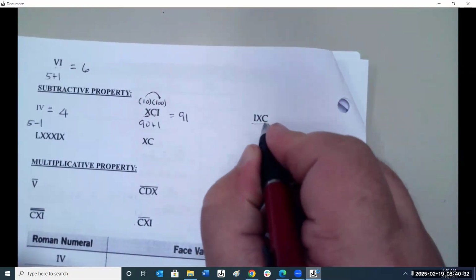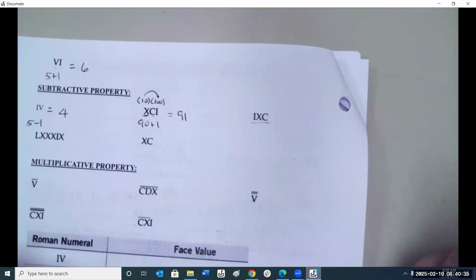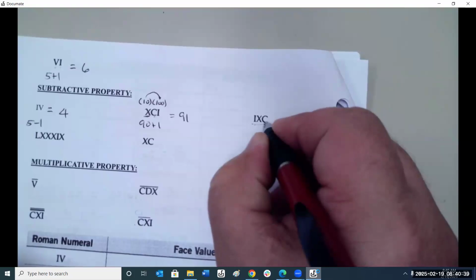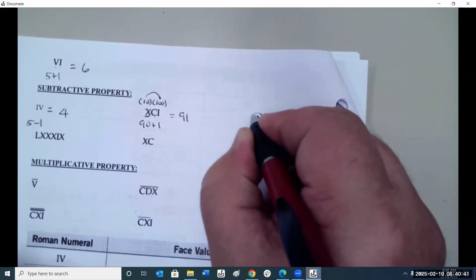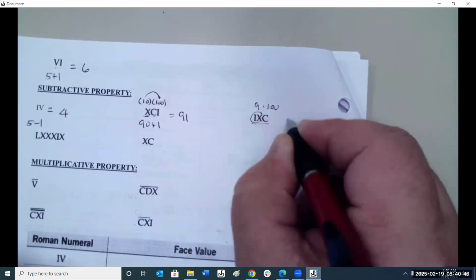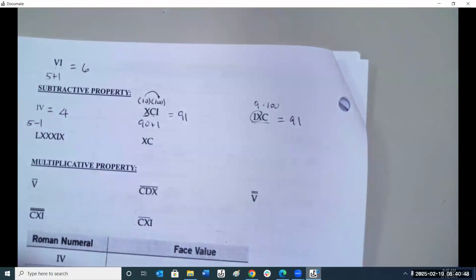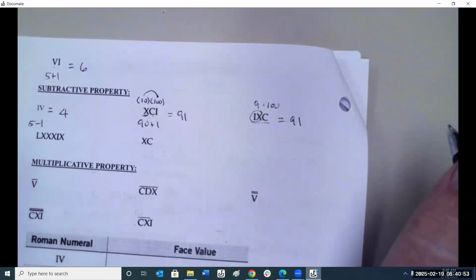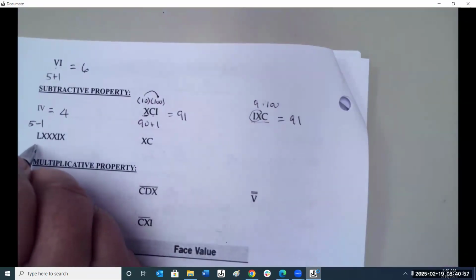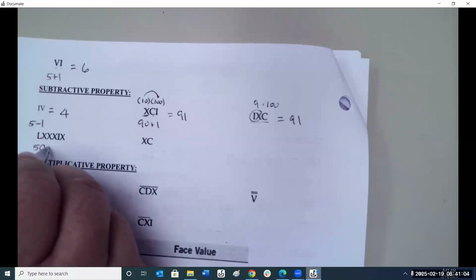So how would you read this one? Well, this is a C is 100, right? This is a 9. So it's 9 before 100, which is what? 91. L represents 50.